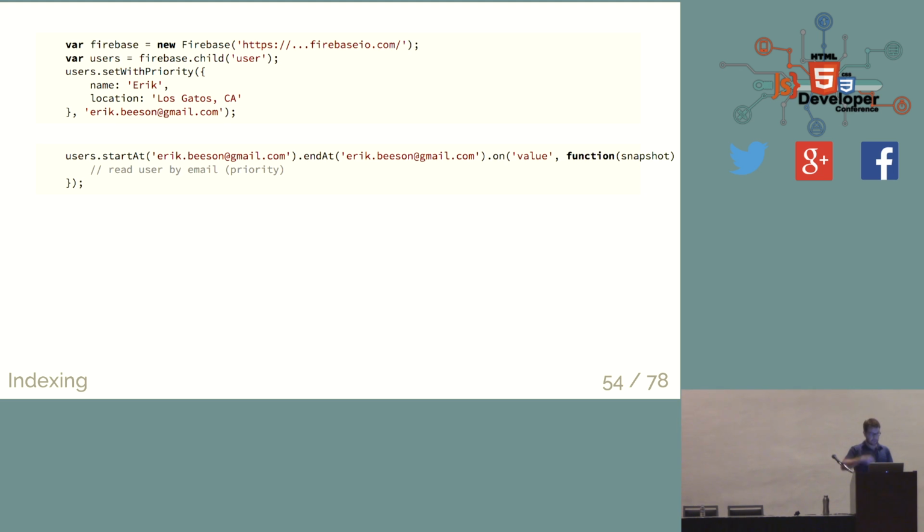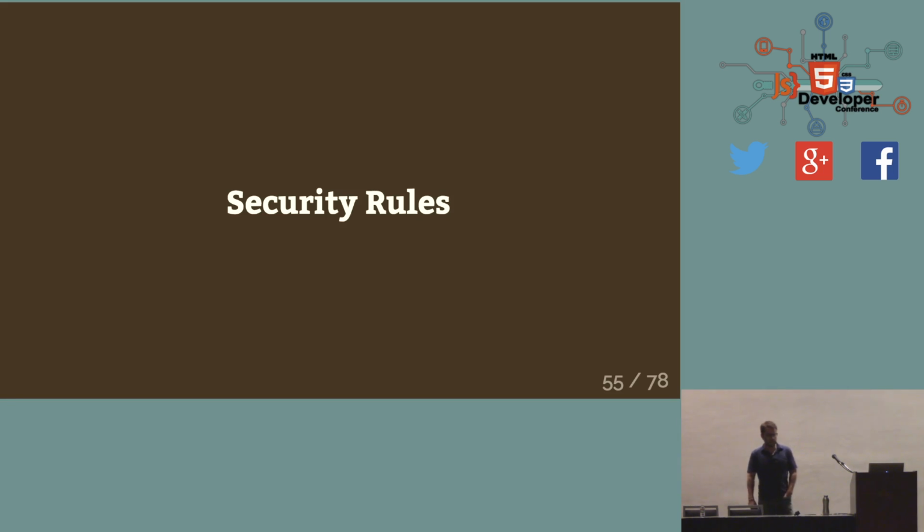So security rules are a JSON document that defines access control and data integrity. So schema validation and access control.